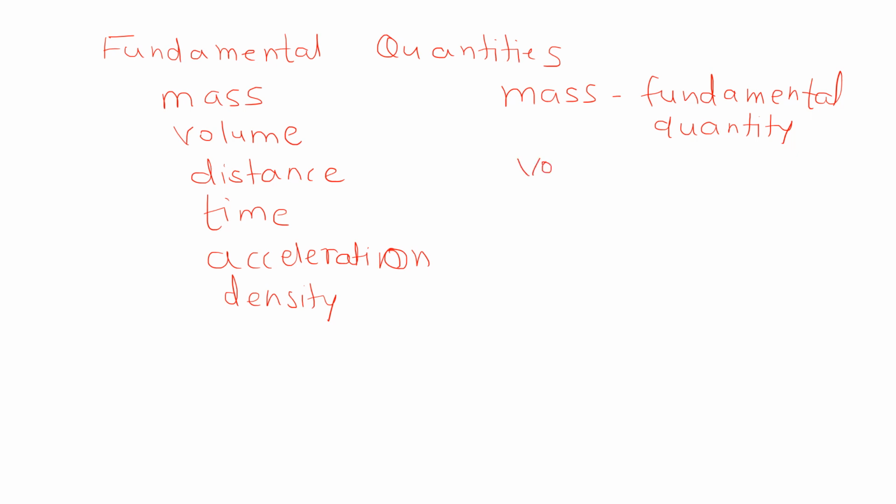Volume. What is volume? Length into breadth into thickness. So it is distance into distance into distance. Volume is expressed as a multiplication of length into length into length. It is not a fundamental quantity.